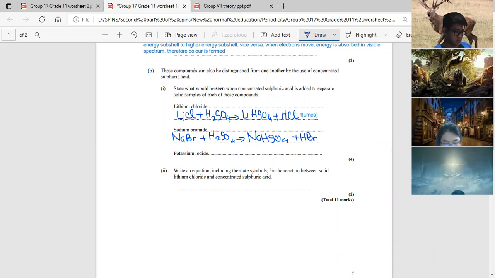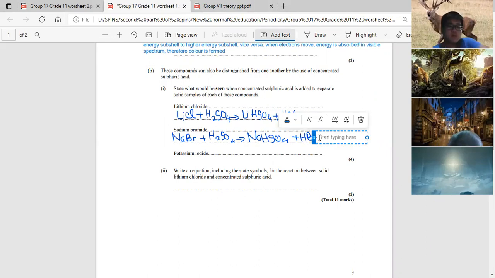This HBr is also steamy fumes, forming reddish brown fumes.